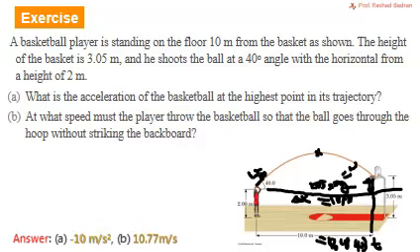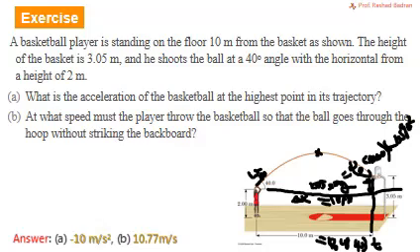And for the second equation, we have to use the third kinematic equation, that is delta y equals v naught sine theta naught, which is 40 in this case, multiplied by t, then minus 0.5 g t squared.